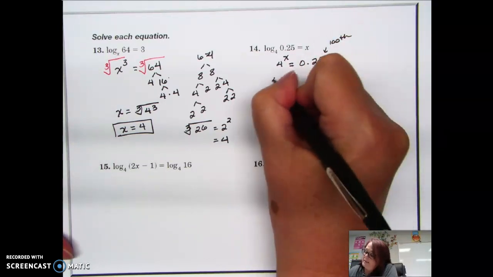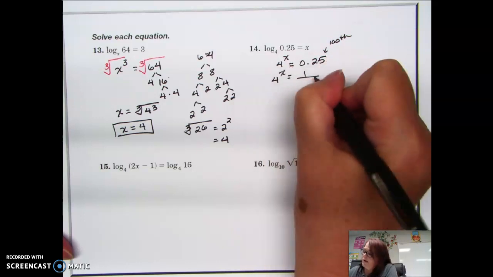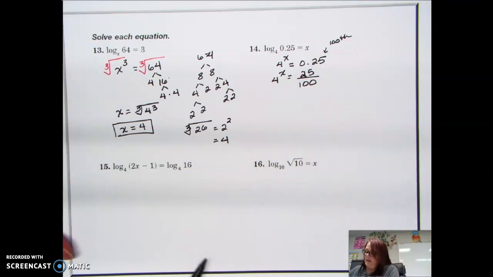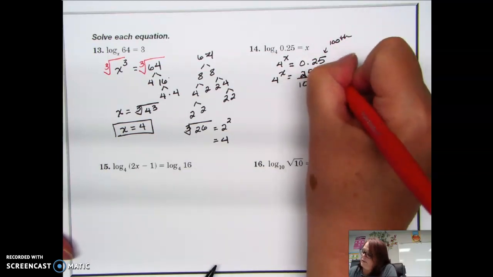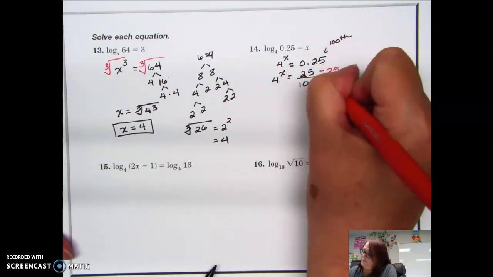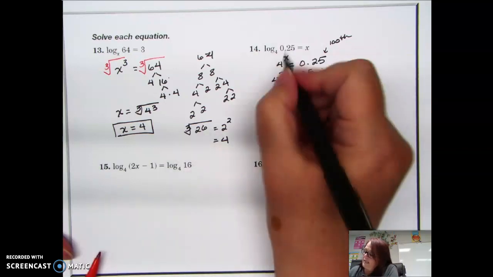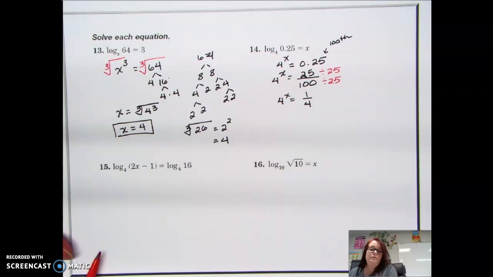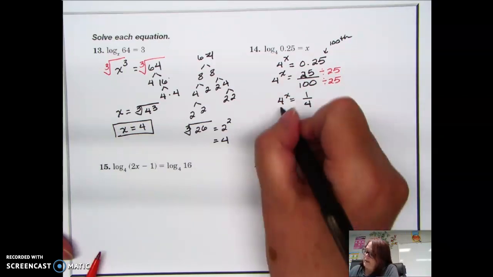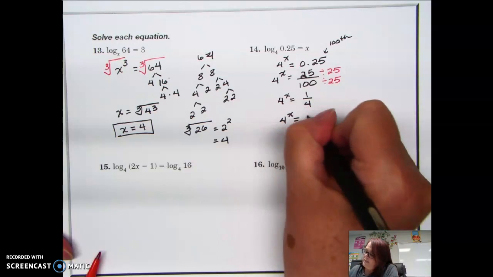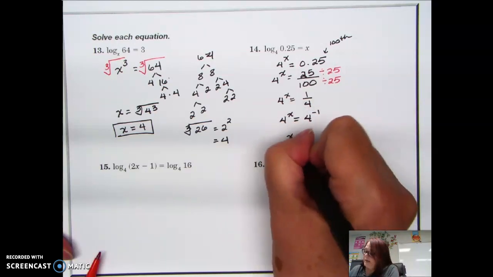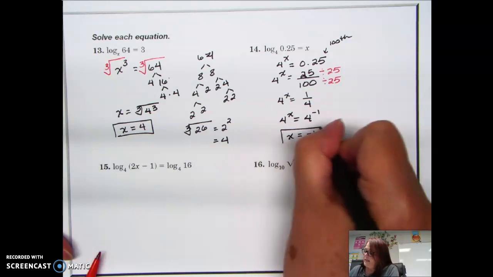So that means that this is 4 to the x is equal to 25 over 100. And then if we reduce this by 25, we get 4 to the x power is equal to 1/4, which some of you might have seen from the beginning. So that means that I have 4 to the x power is equal to 4 to the negative 1. And now I can say that x is equal to negative 1.